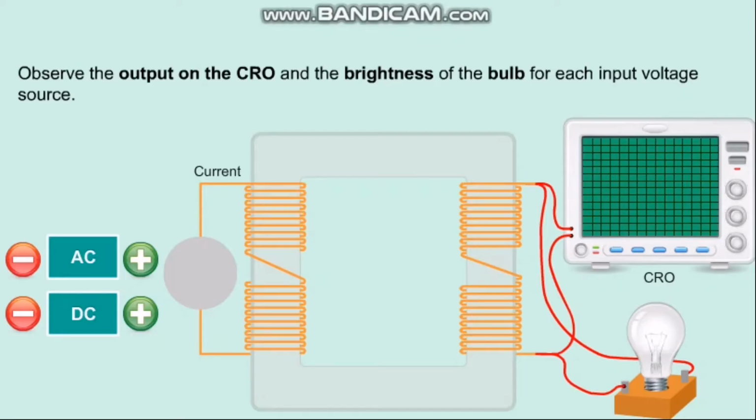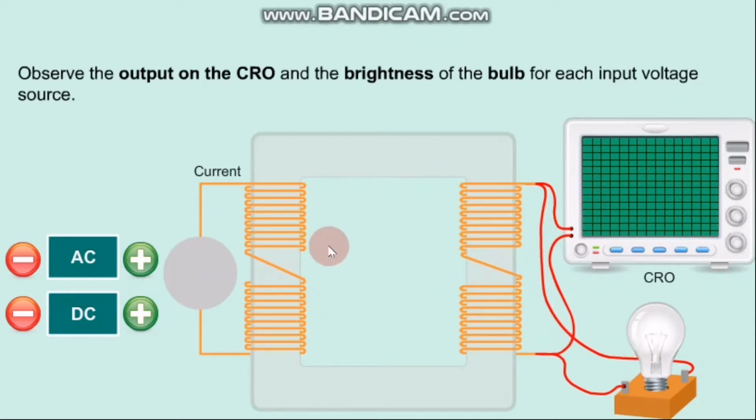Now let us conduct a simple study to observe that the transformer only will work with AC voltage. So at this side, the input circuit is connected to 2 types of sources. First, we have AC voltage, and second, we have DC voltage. While on this side, the output circuit is connected to a CRO and a light bulb.